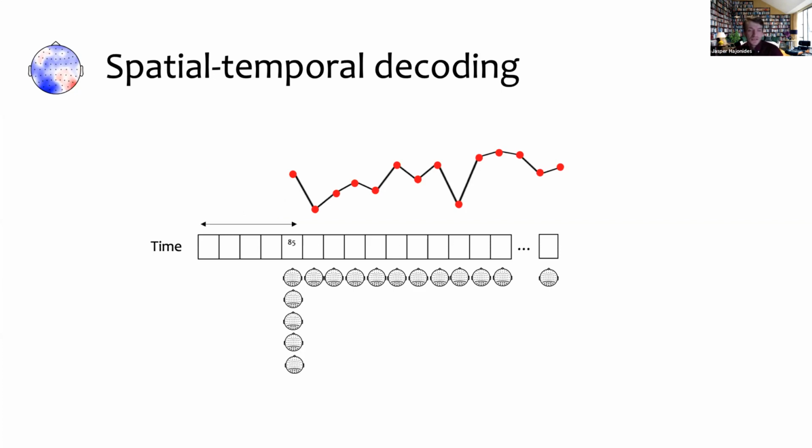What we did here is something slightly different. We specified a window, and we concatenated all the data from that window into a single vector. In this case, we'd have a window of 5 time points, resulting in 85 features. And we slid this window over our data until we reached the end of our time window.